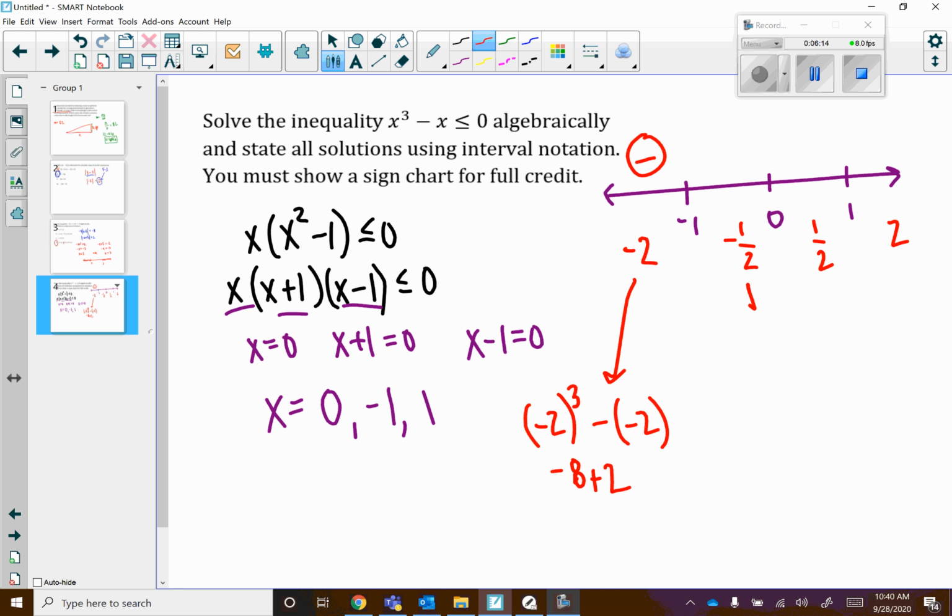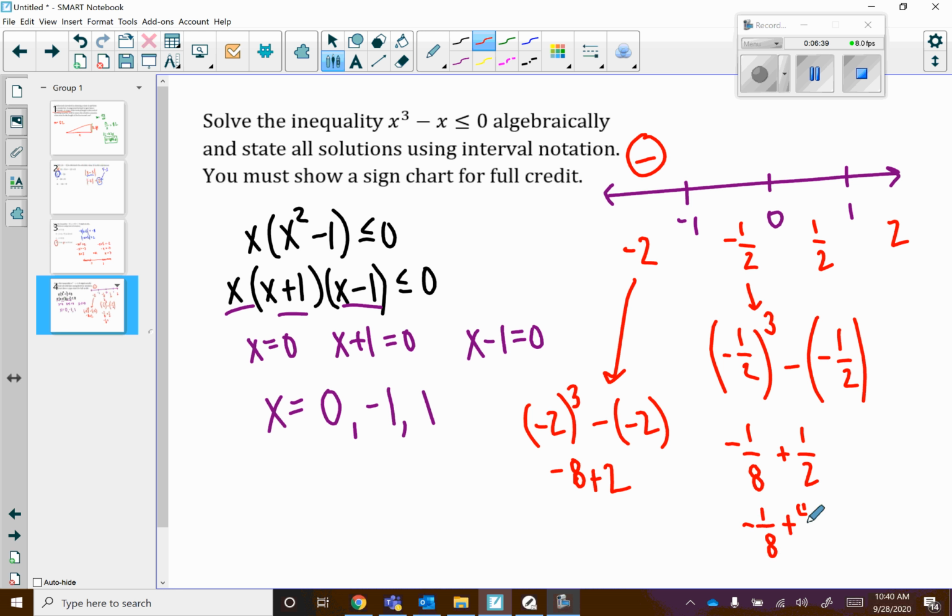If I plug in -1/2, that would be -1/2 cubed minus a -1/2. -1/2 cubed is going to be a -1/8, and then we technically have plus 1/2. I'm going to change that to everything over 8, so -1/8 plus 4/8, and I am left with, oh my goodness, I'm sorry. I'm left with a positive value here.